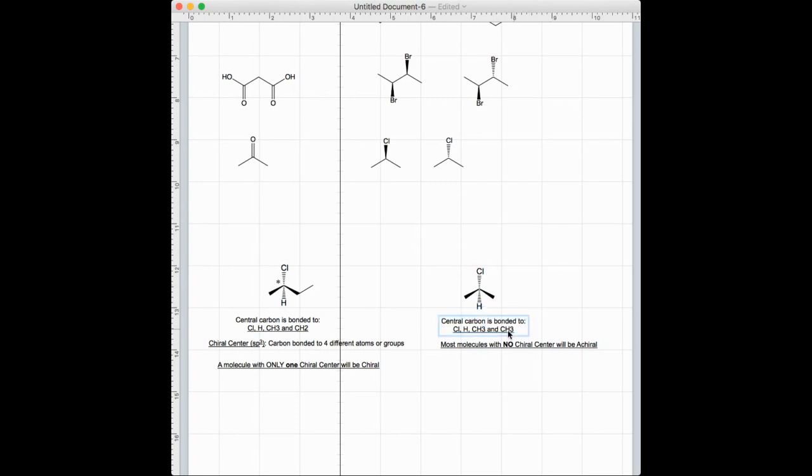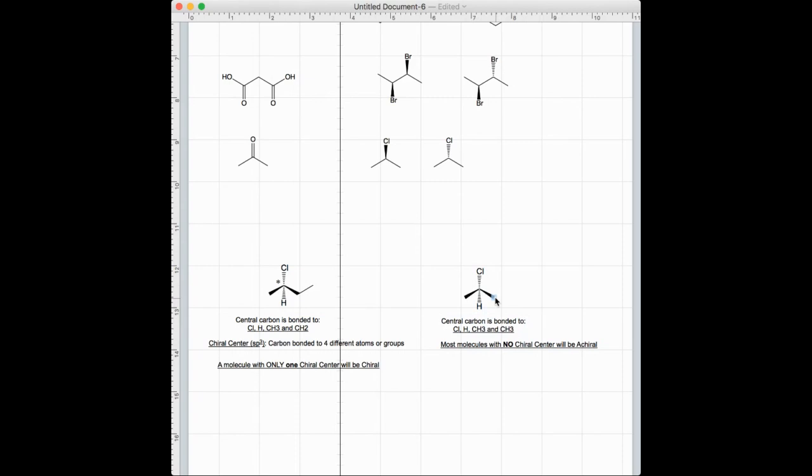Therefore, two groups are the same, CH3 and CH3. So how many chiral centers do we have in this molecule? None, because the three carbons have either three or two similar groups bonded to it.